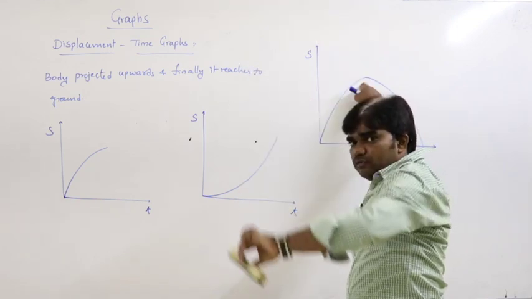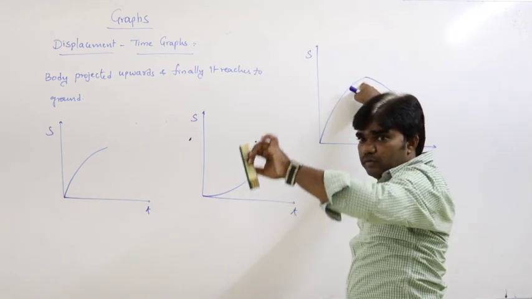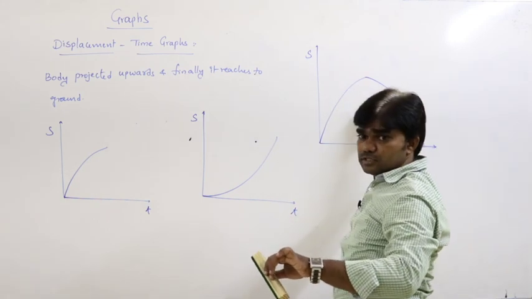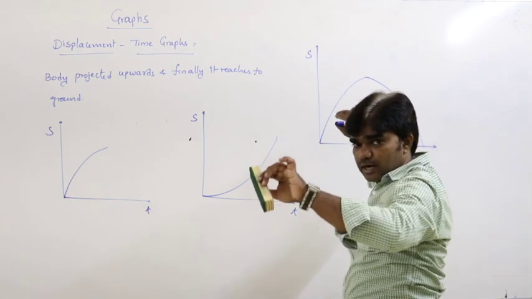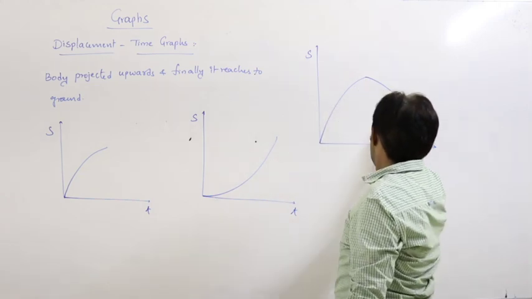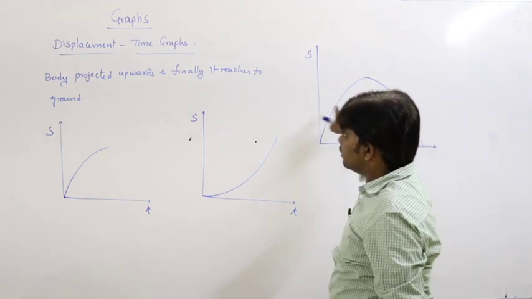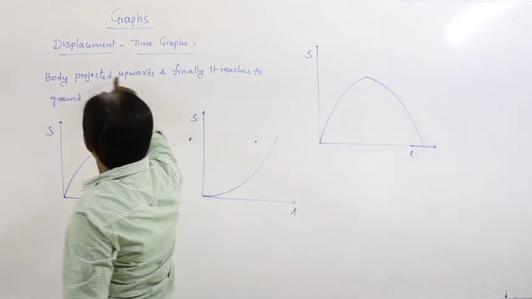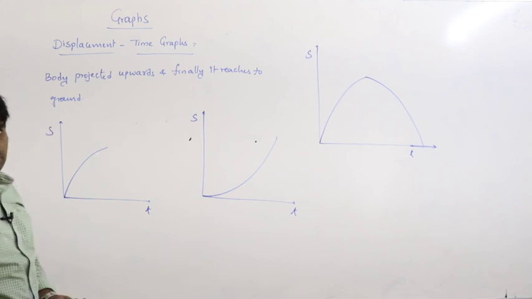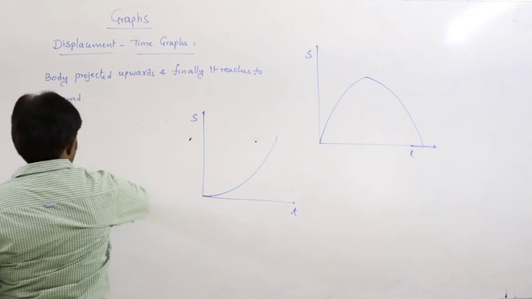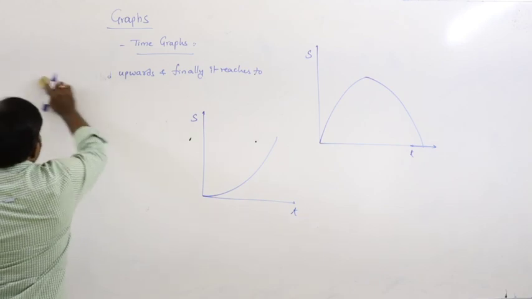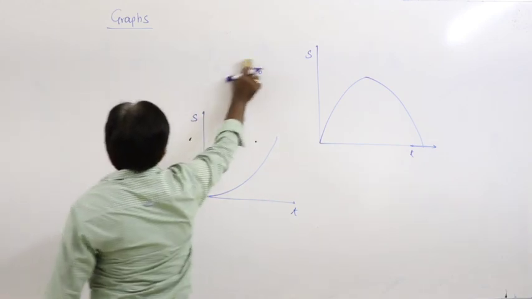While the body moves downwards, displacement gradually decreases. So with time increasing, displacement decreases. This is the shape of the graph for a body projected upwards that finally reaches the ground. So these are the displacement-time graphs.